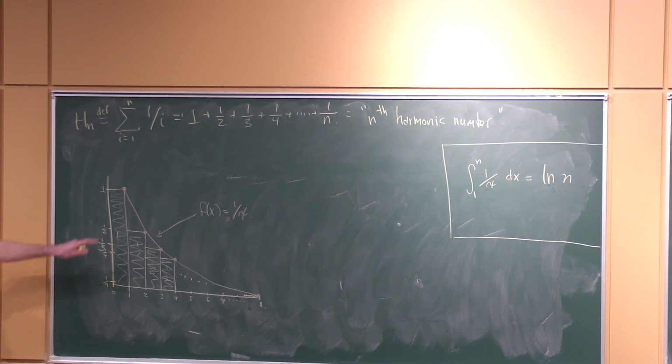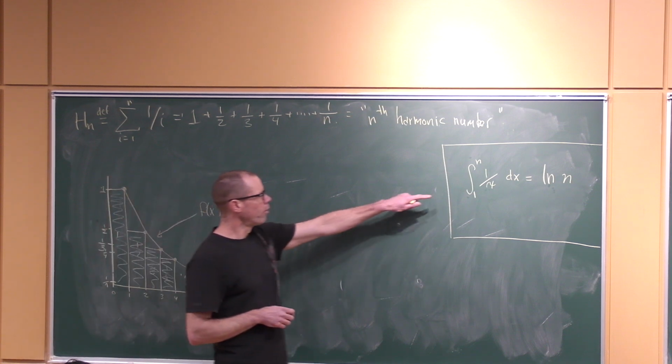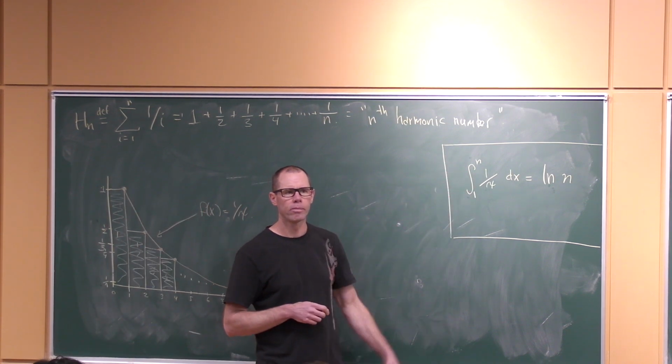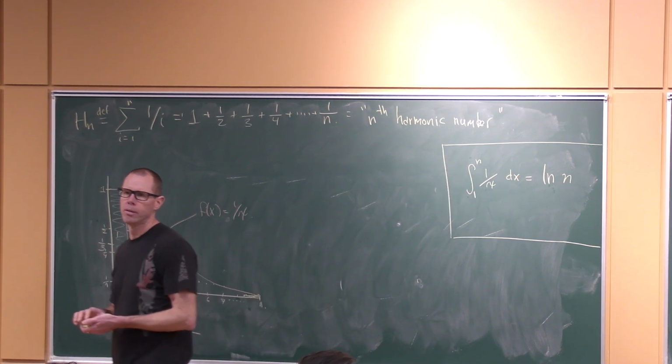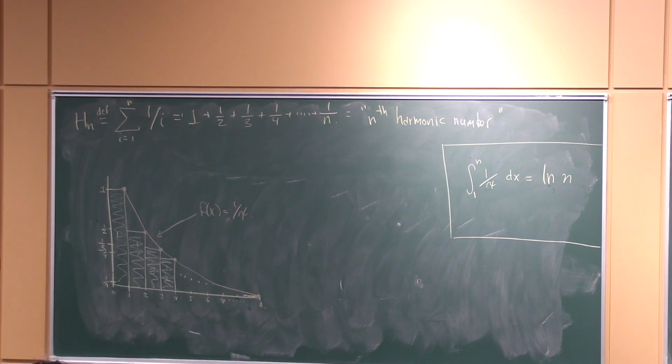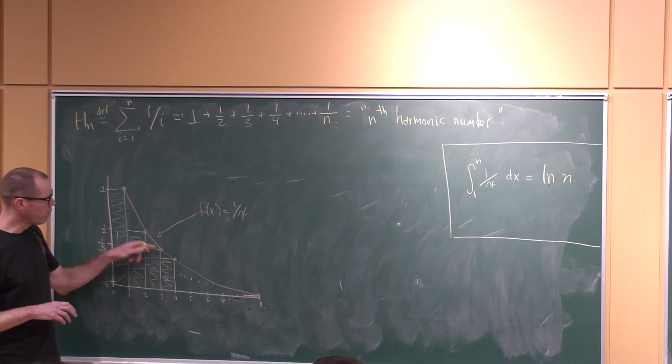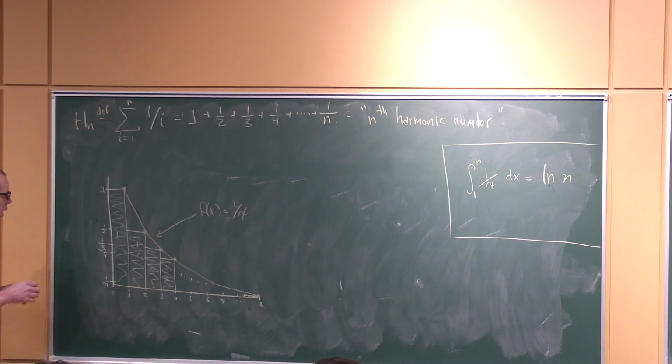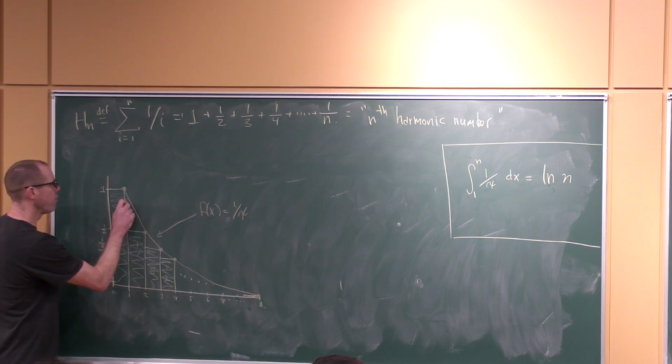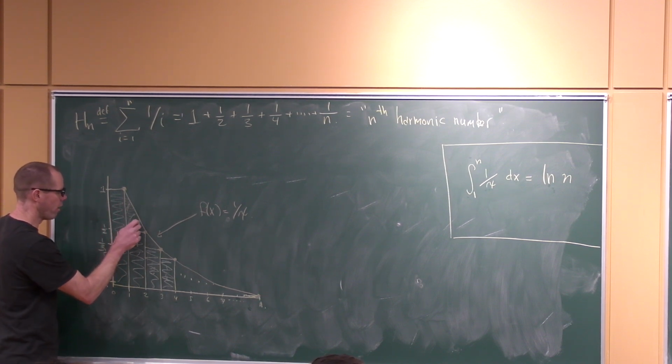So in this picture then, what is this integral? One of the basic lessons in calculus is you can interpret an integral as the signed area under the curve. In this case, the curve is always positive. So that integral is actually giving us all of this area here.